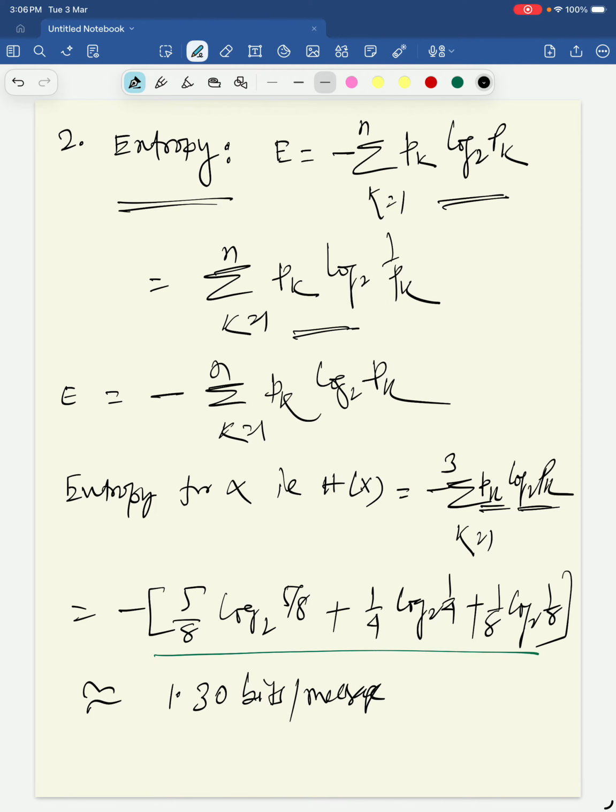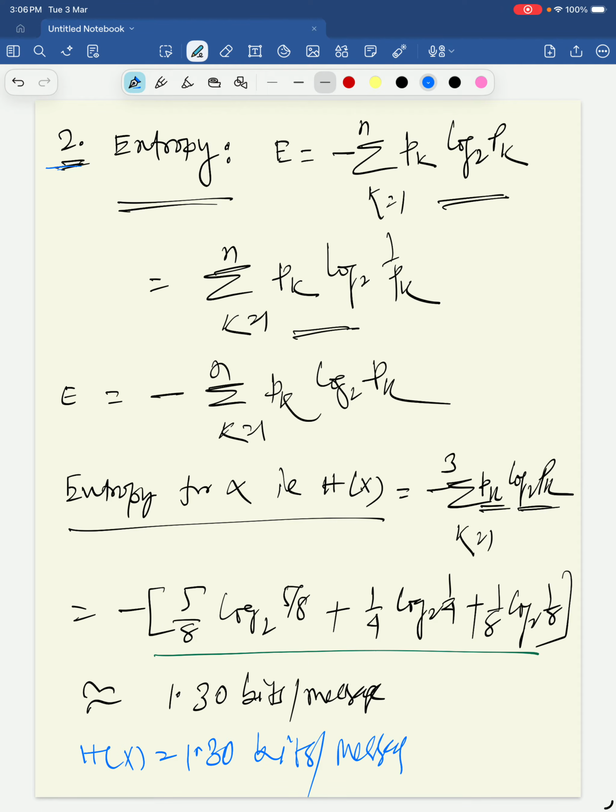So this is the entropy for x. So number 2 is finished. So H of x is equal to 1.30 bits per message. That we get. This is important.